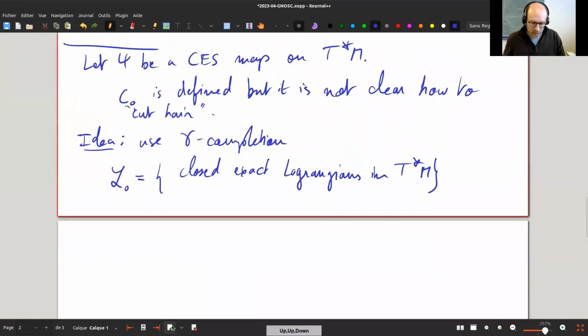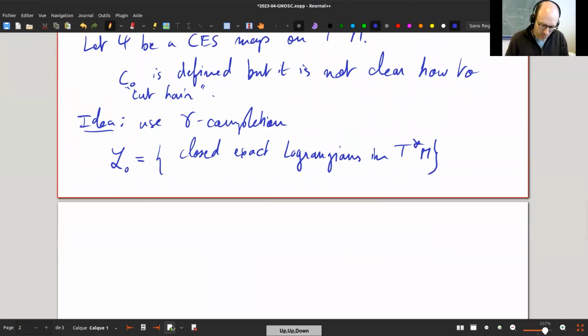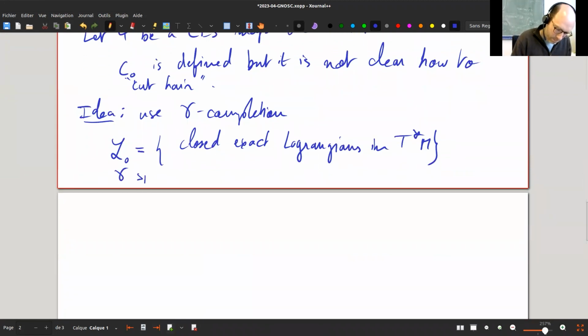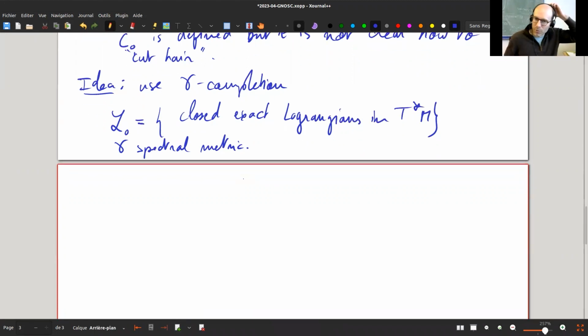And I know that on this space there is the spectral metric gamma. In fact, this metric is well behaved with respect to conformally symplectic maps.